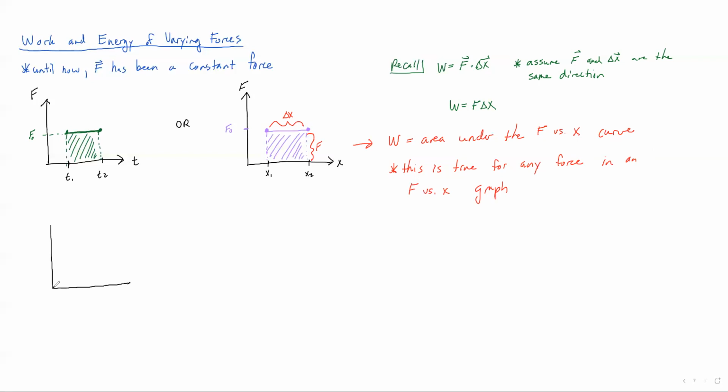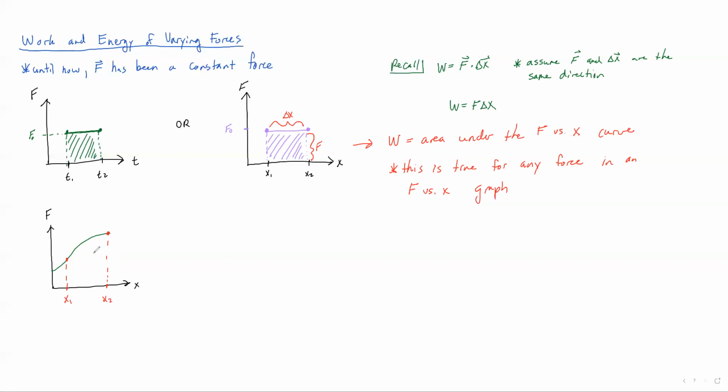Let's suppose I have an F versus X curve, and then let's suppose I have some force that kind of looks like this. Let's suppose that I'm interested in what's going on with this force, and we'll go from here, which will be some x1, to here, which will be some x2.